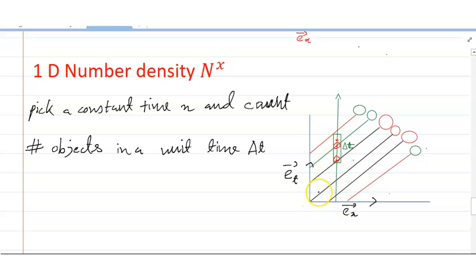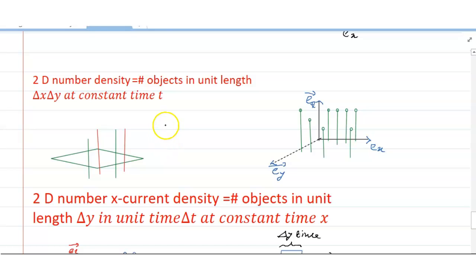The objects are moving with constant speed, and del t is the unit time. The number of objects passing through is 2. So my answer is n_x equals number divided by del t, which equals 2.